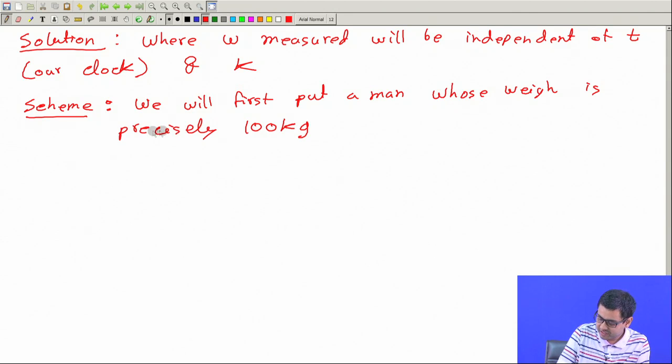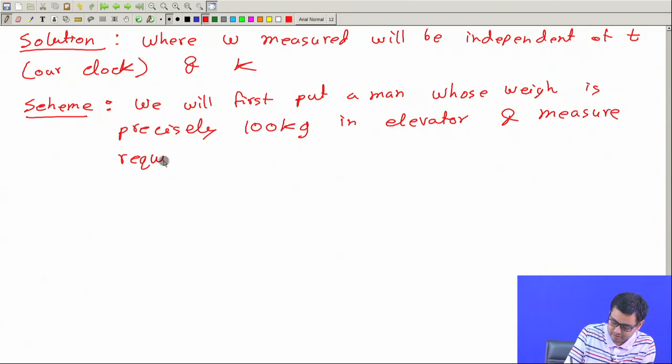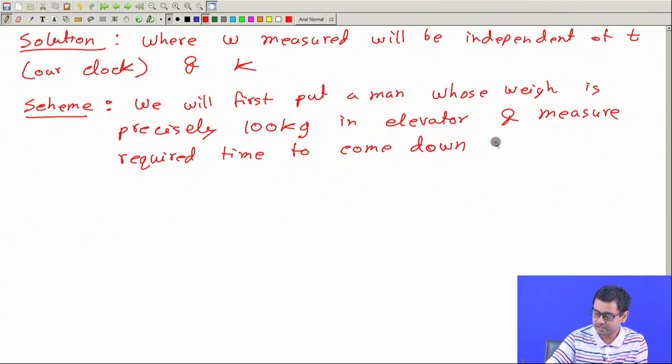So we will put first a man with weight 100 kg in the elevator and measure the required time to come down. Say that man with weight 100 kg comes down in t0 time, right? Okay.